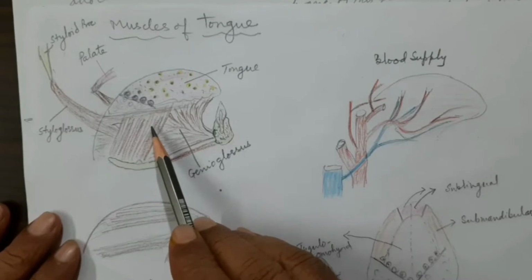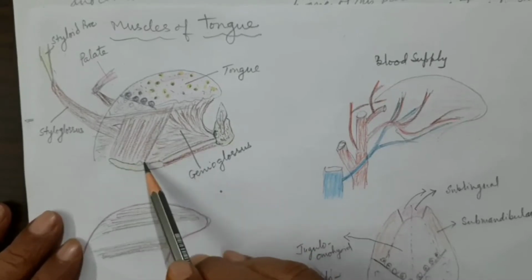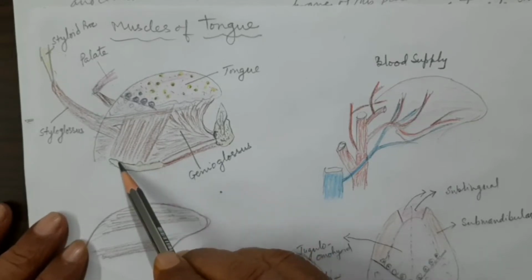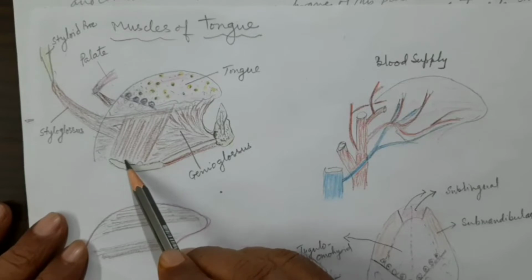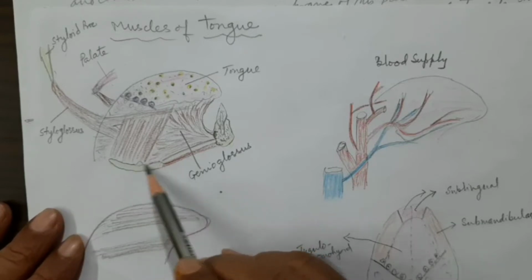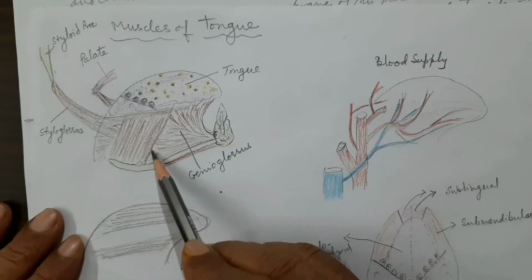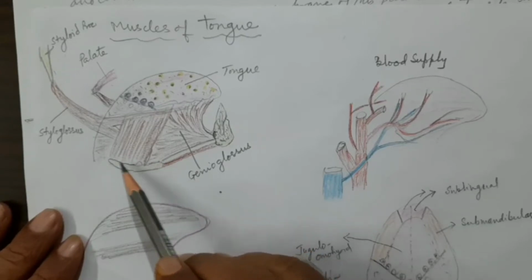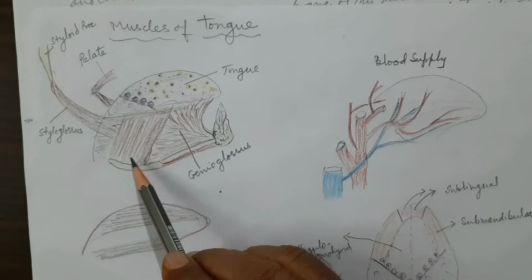Second muscle, Hyoglossus, and this Hyoglossus muscle takes its origin from part of the body and the whole length of the greater cornua of the hyoid bone. This is the hyoid bone. So it will take origin partly from the body and totally from the greater cornua.